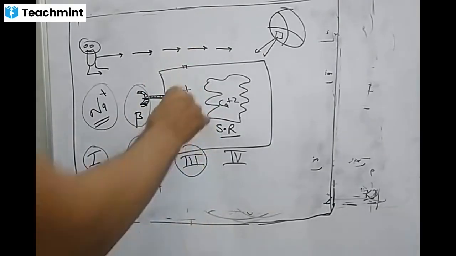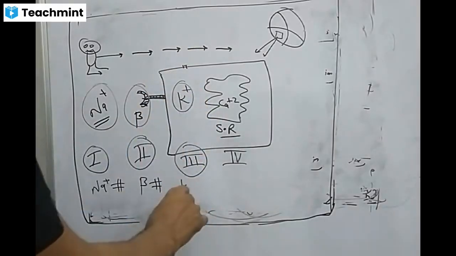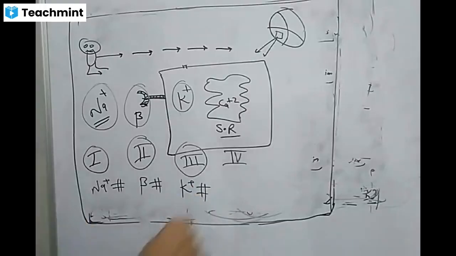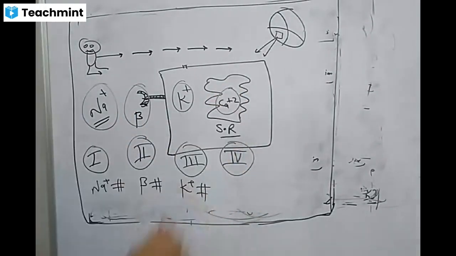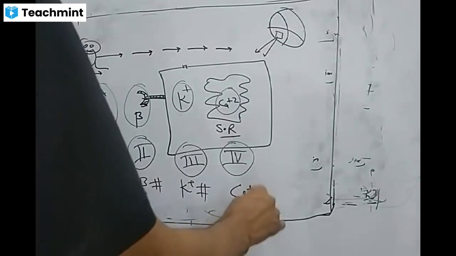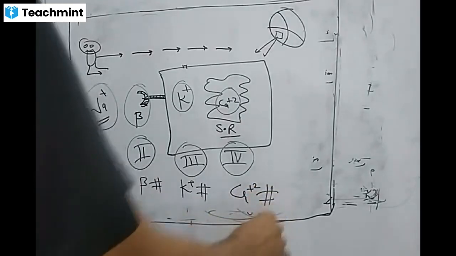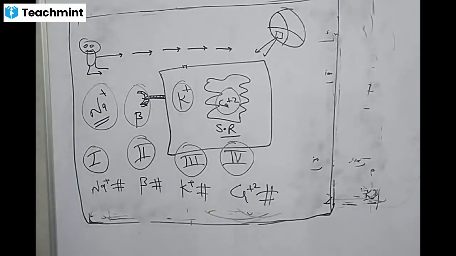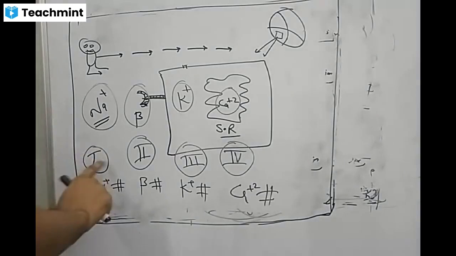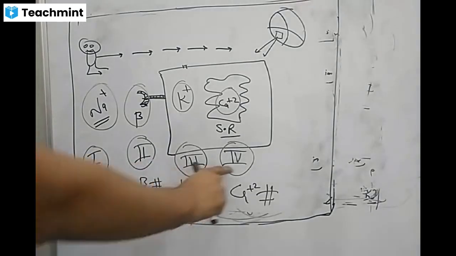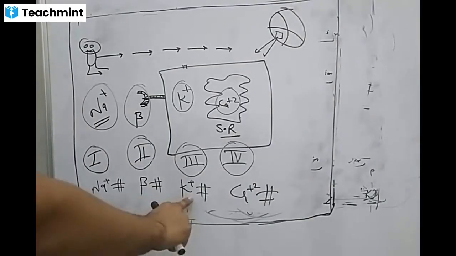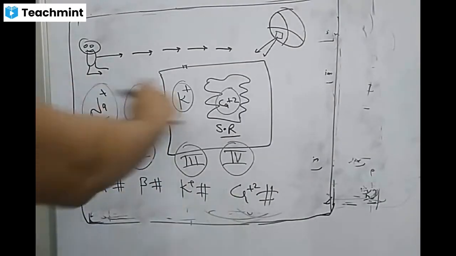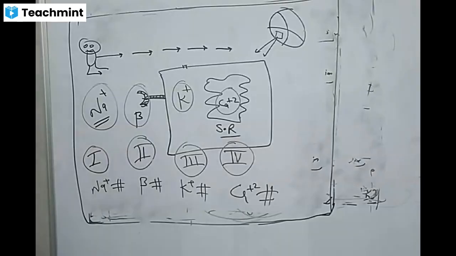Class 3 is potassium, so they are potassium blockers. Then class 4 is calcium, so they are calcium blockers. Very simple: class 1, 2, 3, 4 are sodium blocker, beta blocker, potassium blocker, calcium blocker, from outside to inside.